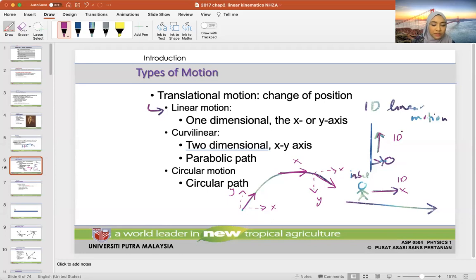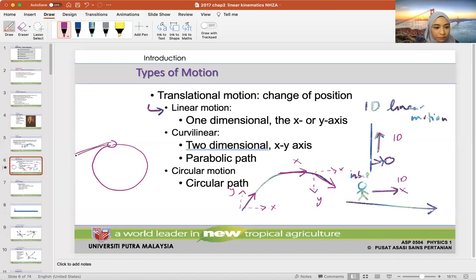Okay, and also we have circular motion. Circular motion is actually 2D. Kalau tak percaya, saya tunjuk jap. So circular motion is actually 2-dimensional. Walaupun macam bizarre, but it's actually 2-dimensional. So let's say we are swinging a pendulum in a circular motion.